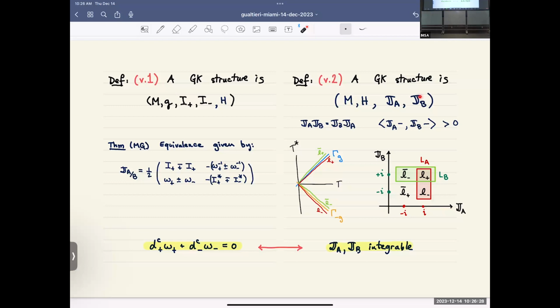Okay, and the fact that JB is integrable means that the plus I eigenspace of JB should be closed under the bracket. But because they intersect, this space should be closed under the bracket. But this is smaller, right? This is 1/4 of the size of T plus T star complexified.